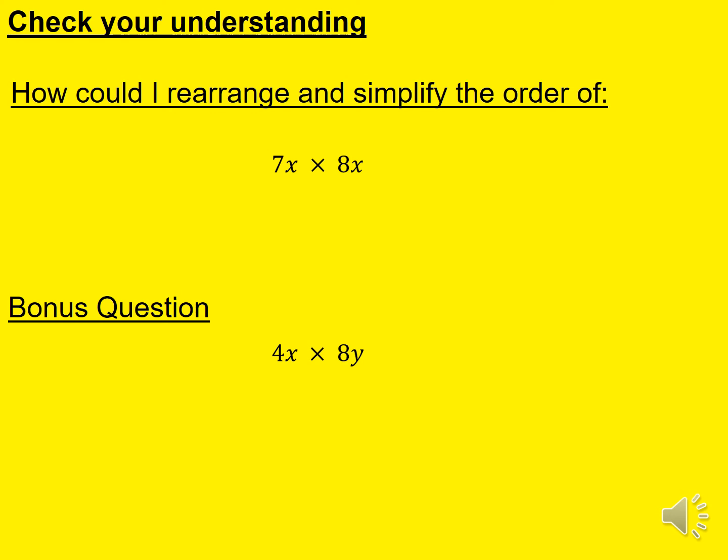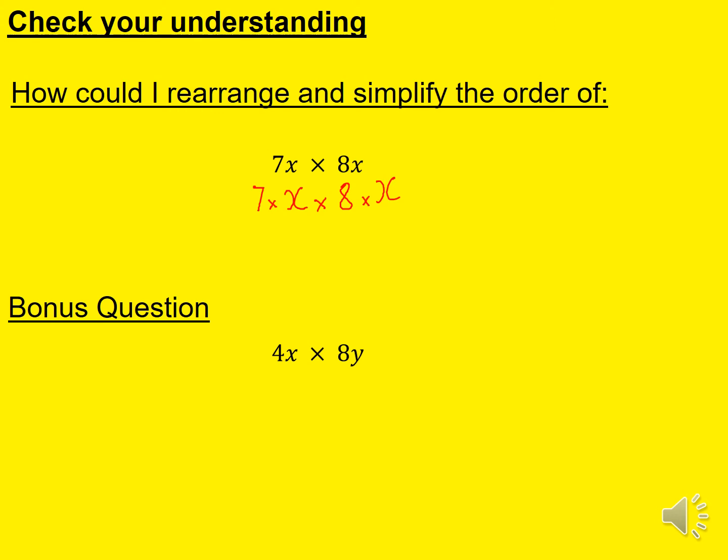So I've got 7x times 8x. Step 1 was write it out in full. So I've got 7 times x. Notice that I'm doing my multiplication symbol small, my x is big and curly so I can tell the difference. So I've got 7 times x times 8 times x. Then I'm going to change the order up.